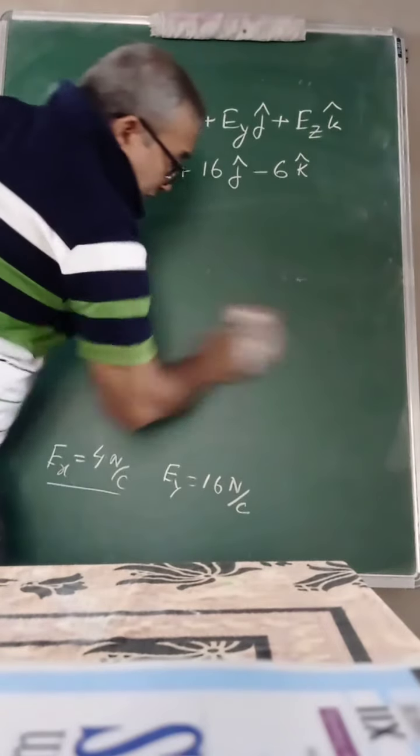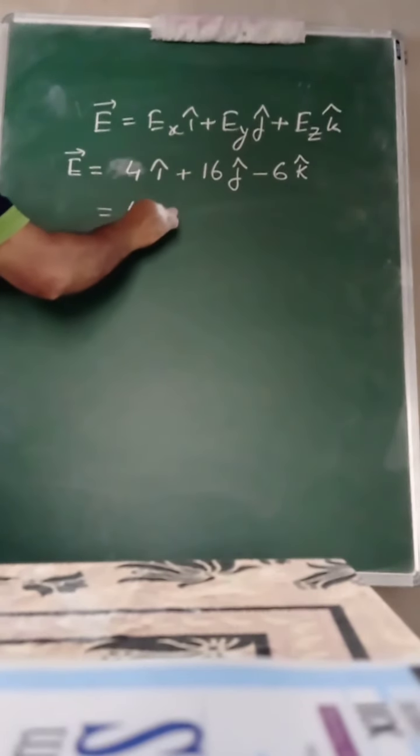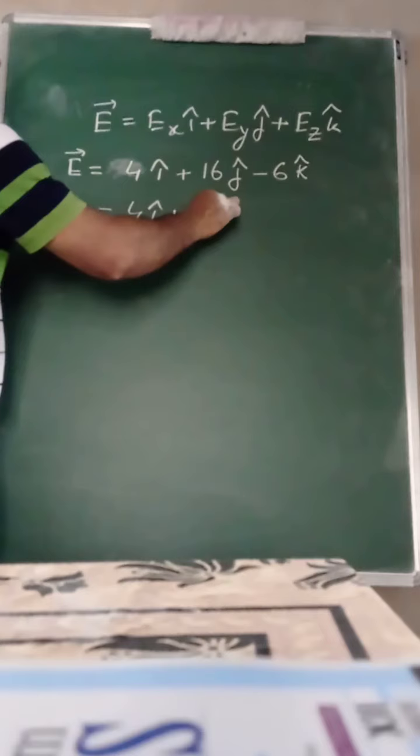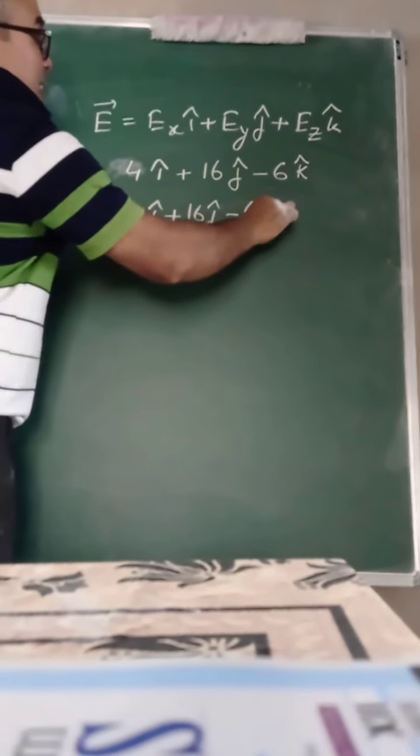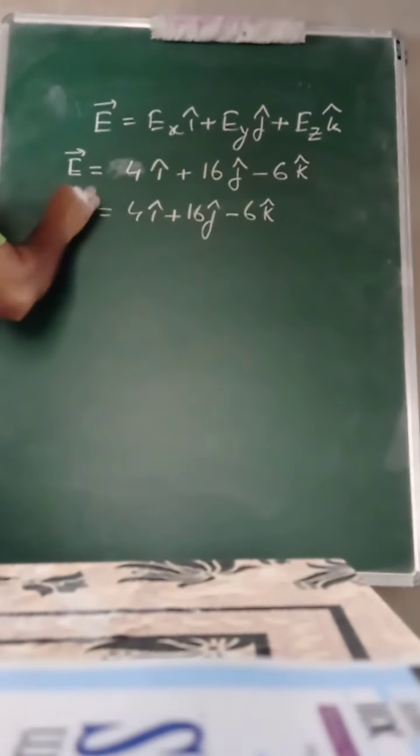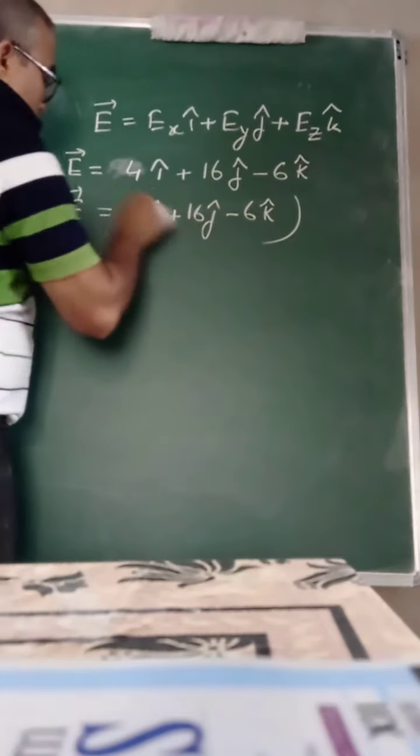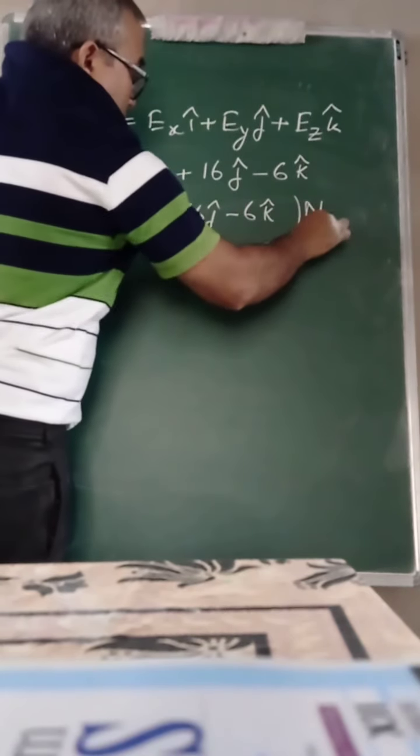Therefore, the electric field intensity around that point is equal to 4 I cap plus 16 J cap minus 6 K cap Newton per coulomb. Is it clear?